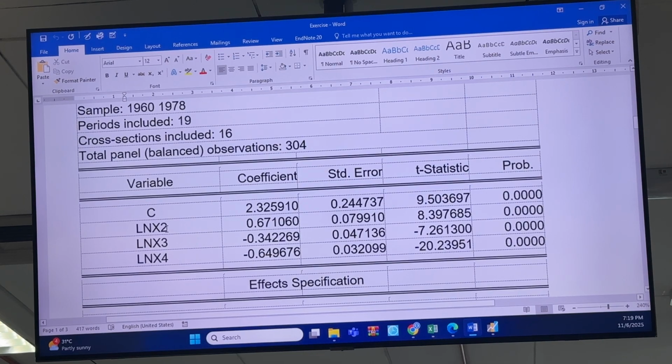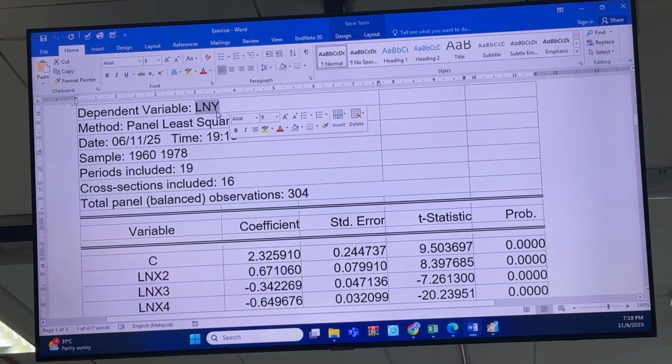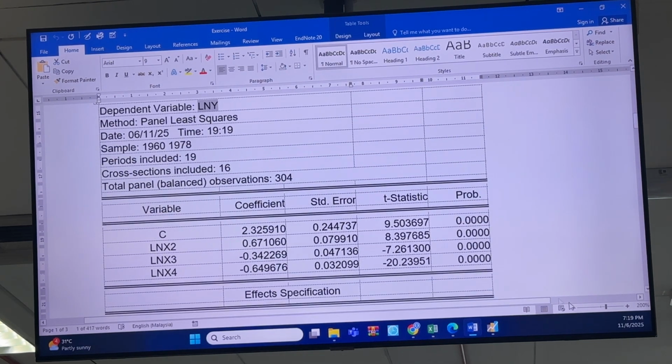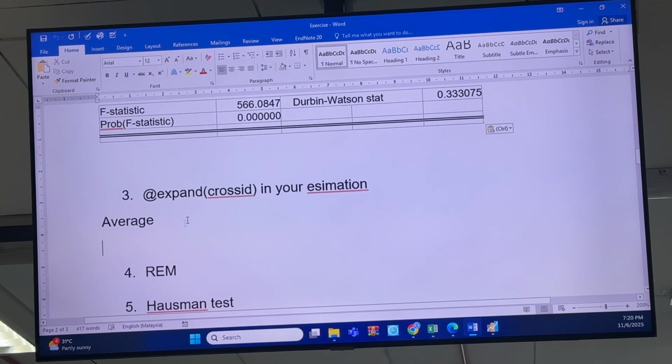So X2, X3, X4 are the independent variables, yeah. X1 is my dependent. Okay. Are you okay? I think so, right? Okay, right? Then after that, you use this one in your estimation.